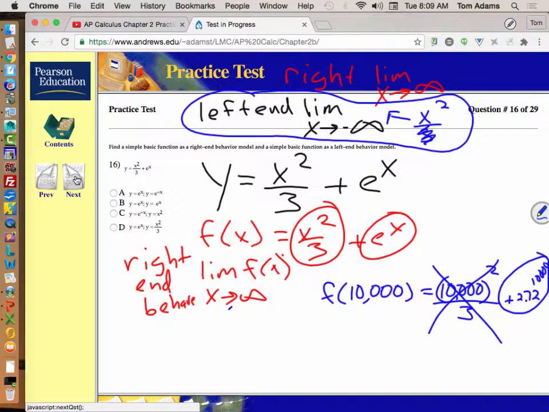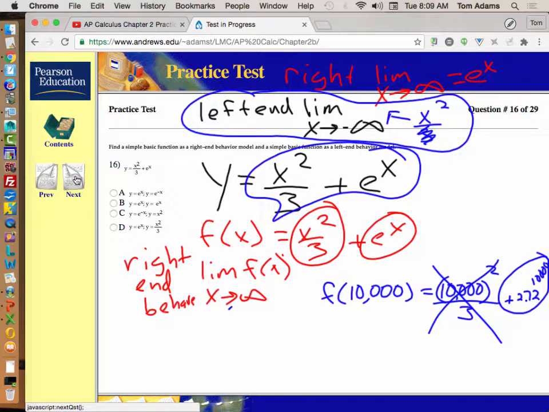So we could say, and Mr. Adams is just guessing, what would I do before I actually chose an answer? Graph them. I'd have to graph all three: the original function, the total expression here, and then the two separate expressions. So I think the right end behavior should be e to the x. Okay? I don't know. So now if I look at this, I think D might be the answer.